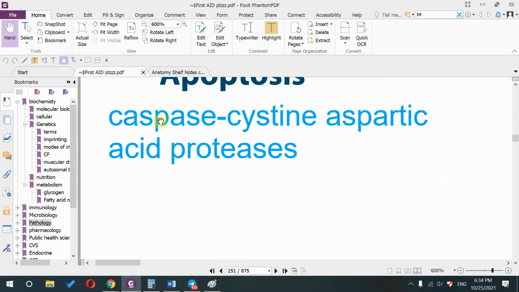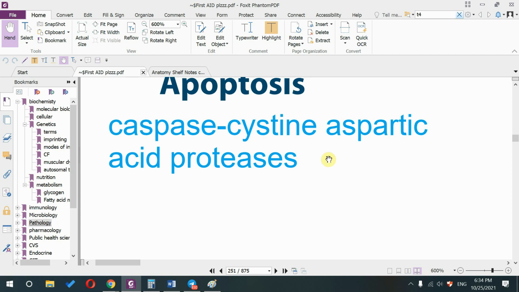Caspase is actually an abbreviation for cysteine aspartic acid protease. Please write this down. In apoptosis, the caspases are stimulated inside of the cells to activate other hydrolytic enzymes. The word caspase is the same as saying cysteine aspartic acid protease. Good.